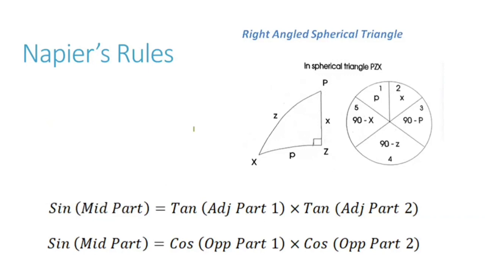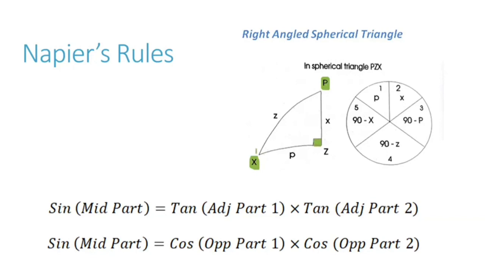Side PX and angle X. Angle P and angle X. Okay. So angle P is known to you. What else, beta? Sir, angle X. Okay, angle X. So other than this 90-degree part, which is angle Z, let us say we know angle P and angle X.